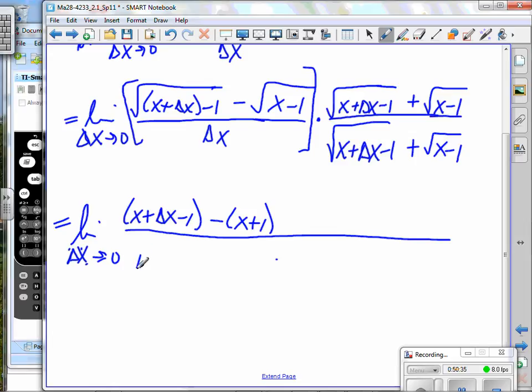Now this gets to be a little bit interesting because in my denominator, I'm going to have to keep this going. It's the square root of x plus delta x minus 1 plus the square root of x minus 1.